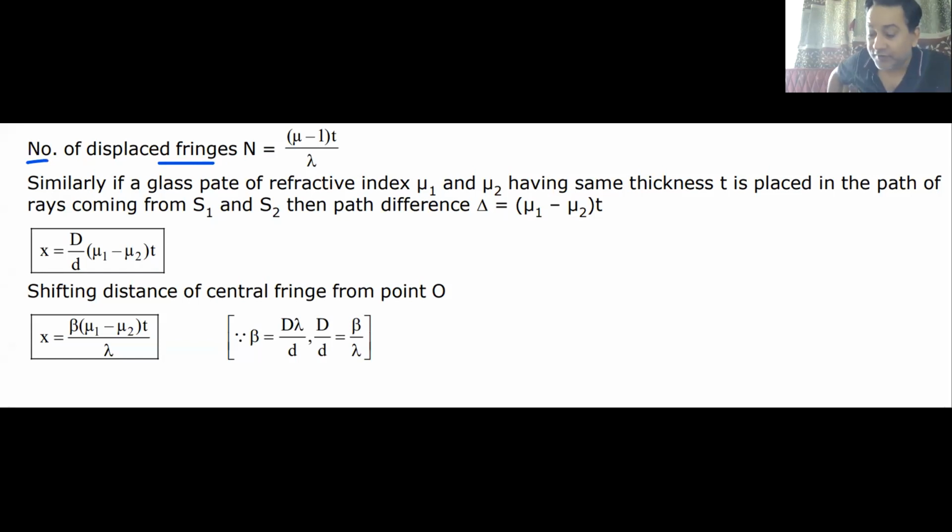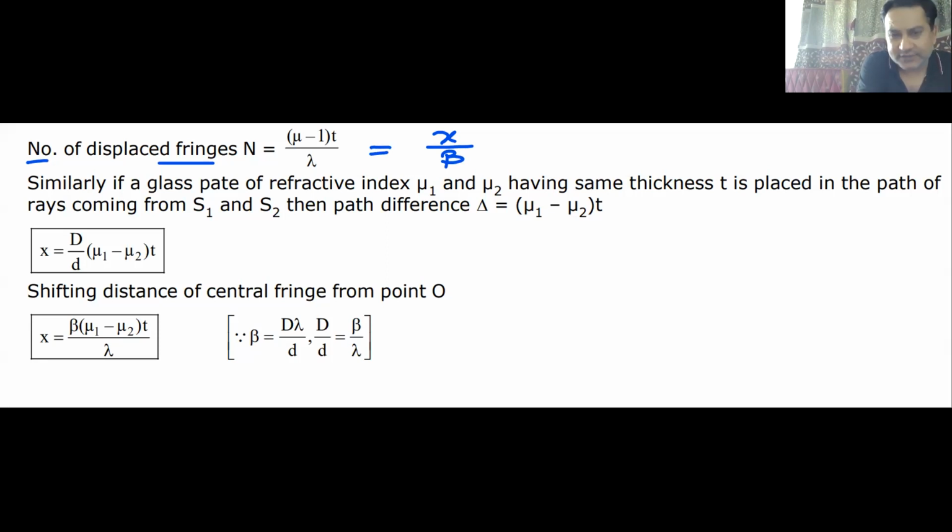The number of fringes by which shifting has taken place will be x divided by beta, where beta is the fringe width. x is the distance through which the fringe has shifted. If you divide it by the fringe width, you will get how many fringes have shifted.